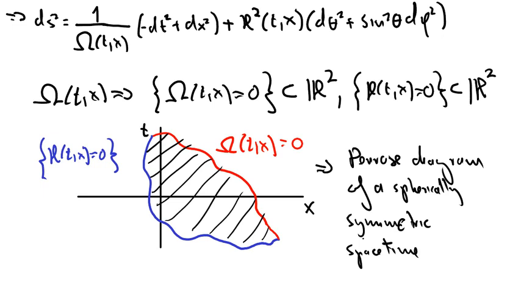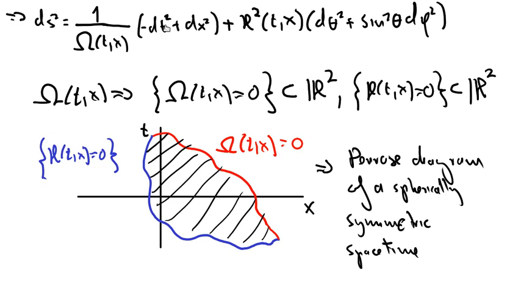Okay, and what is the interest of finding this representation of the space-time? Well, the interest is that since the metric here in this plane takes this conformally flat form, then we can easily draw light rays.